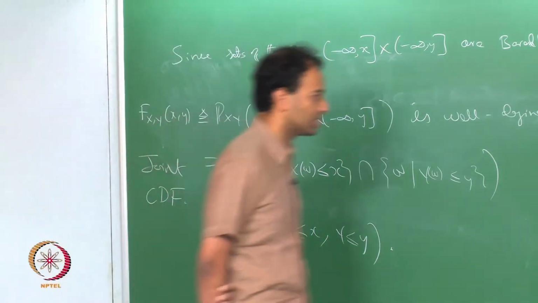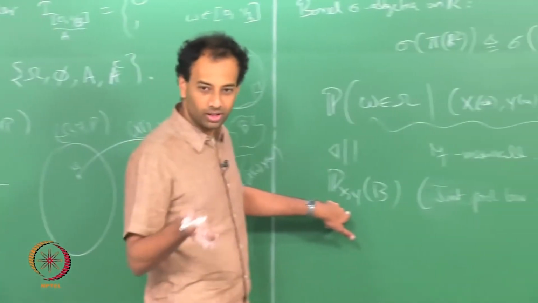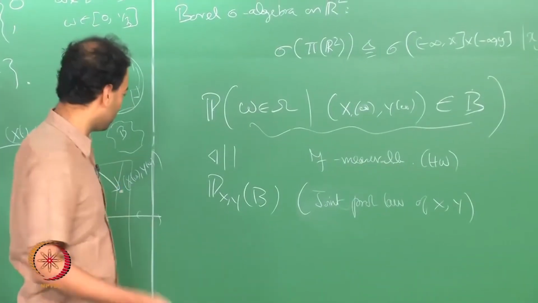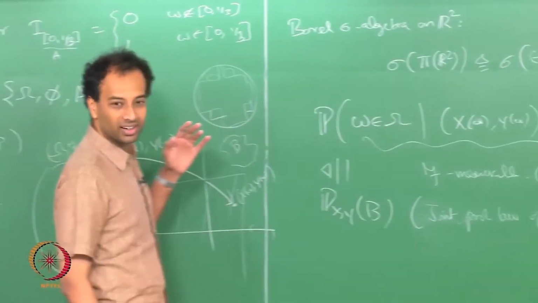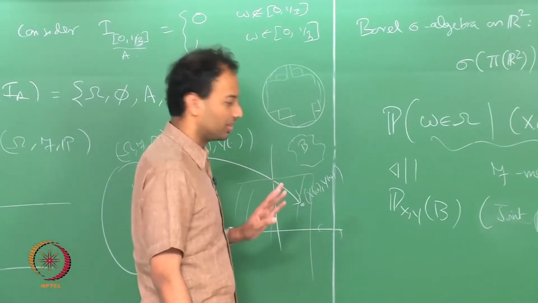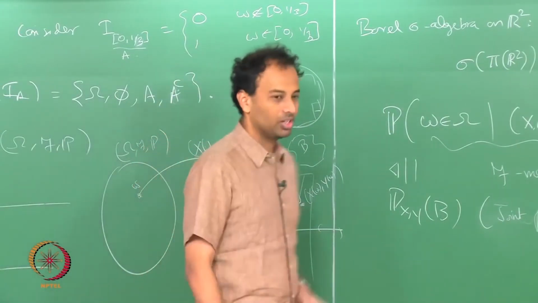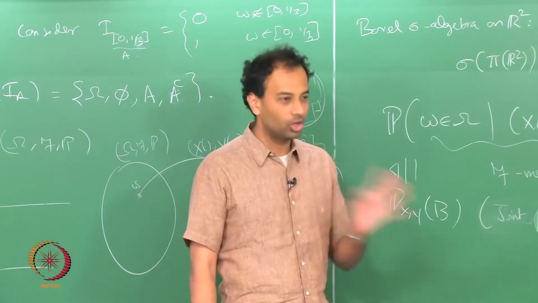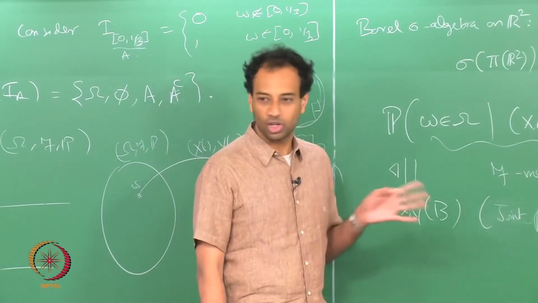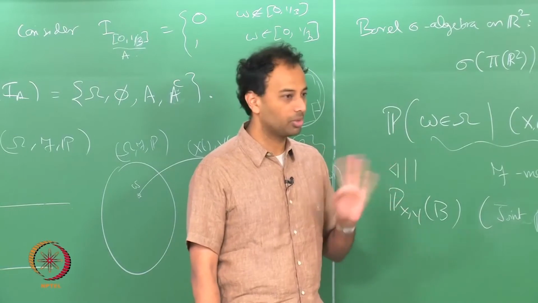No, you cannot do that, I mentioned this earlier. If you are given this P x y, the joint probability law, you can clearly get the individual probability law by putting one of them to be R, the other you keep whatever Borel set you want. But if you are given the separate probability laws P x and P y separately, you may not be able to figure out what the joint probability law is, it can't be done in general.